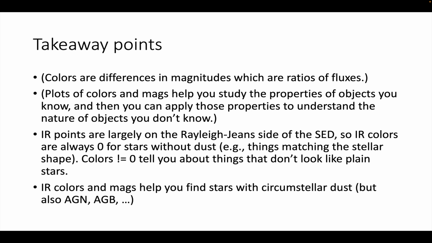In other words, things that are just stars without dust, plain stars. Colors that are not 0 tell you about things that don't look like plain stars. So the infrared colors and magnitudes are going to help you find stars with circumstellar dust, but you can be confused because they're also going to find active galactic nuclei, asymptotic giant branch stars, and other things that are in the way. We'll talk about that next.